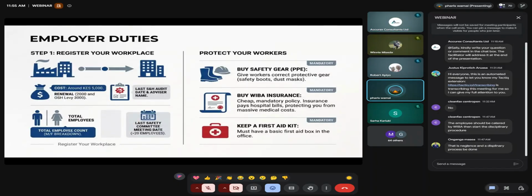And finally, once that is issued, the insurer will pay the assessed medical bills and disability compensation to the employee. Once paid, DOSH issues a WIBA payment certificate, and the file is officially closed. So in this case, the employee will be paid compensation for the disability and any financial or medical support that was provided by the employer during the investigation of the incident.